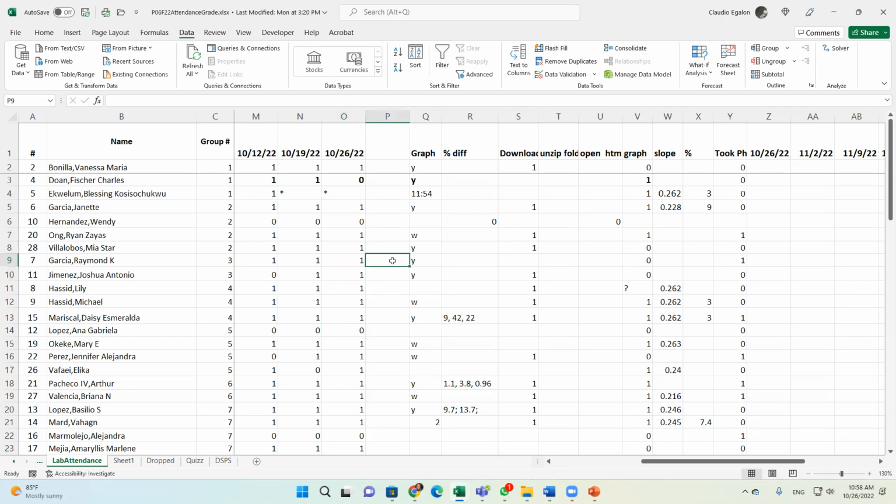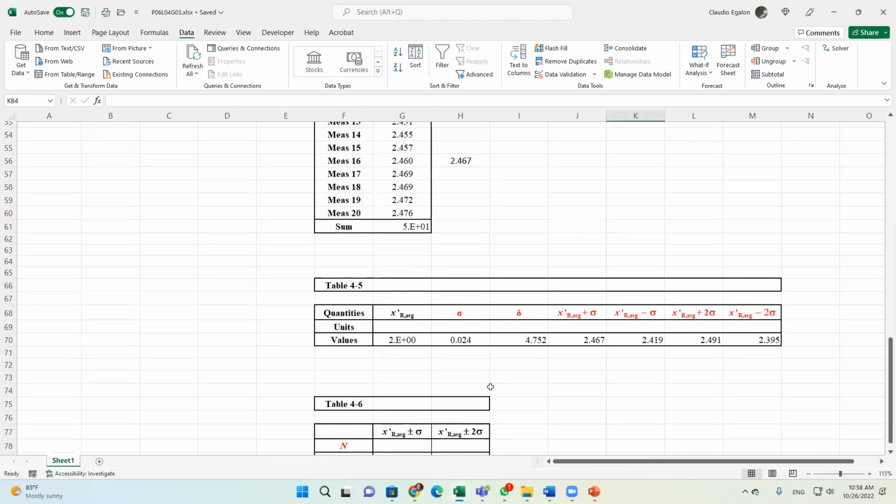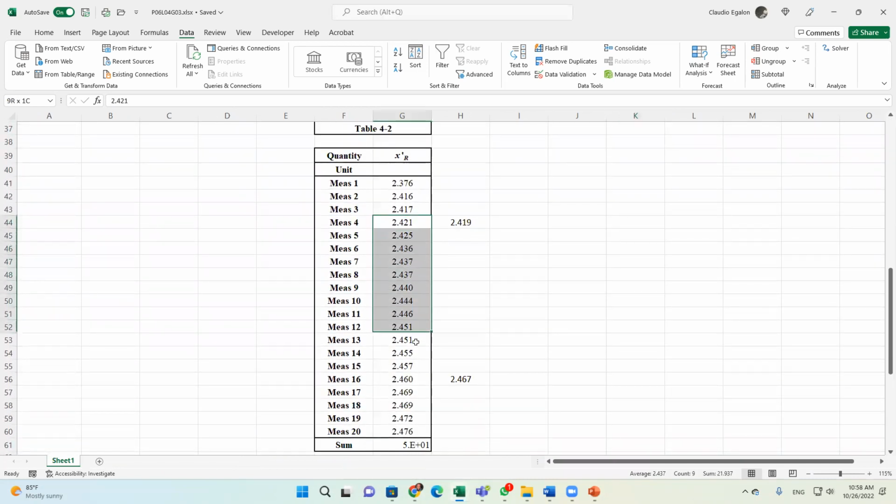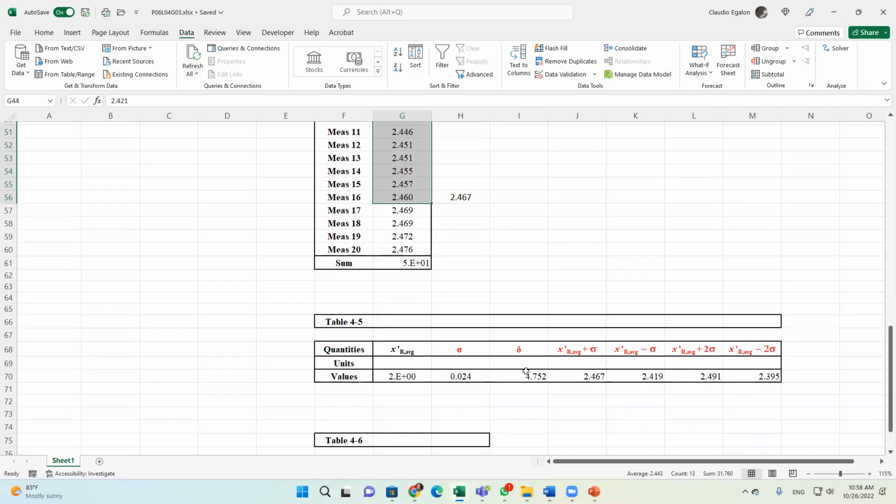Yeah, real quick. Can you just go over real quick how to find n again? I kind of got lost when you were explaining it. Okay, so let's do that. Basically what you want to know is how many of those values fall within x average minus sigma and x average plus sigma. That's what you want to know. That's all. So the x average minus sigma is this one here, 2.419. And the x average plus sigma is this one here, 2.467.